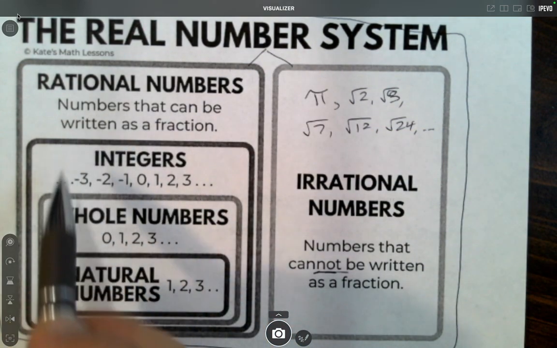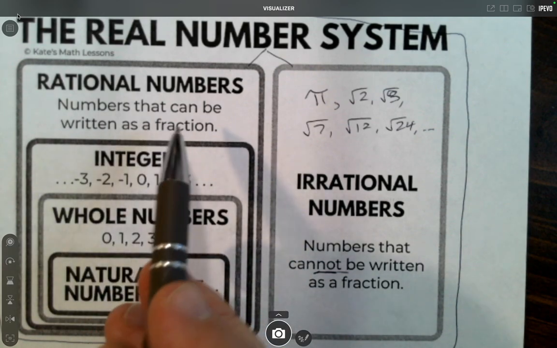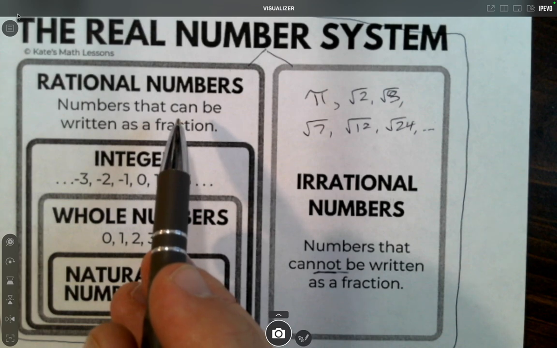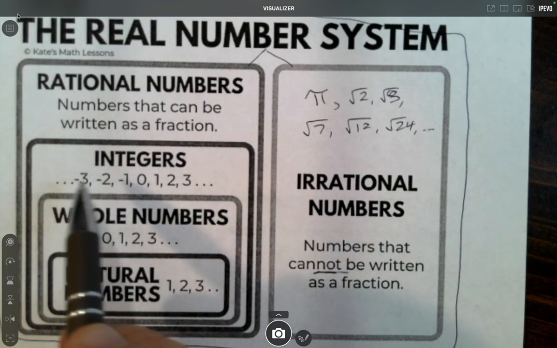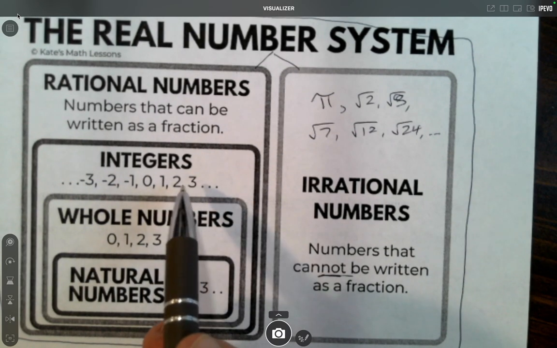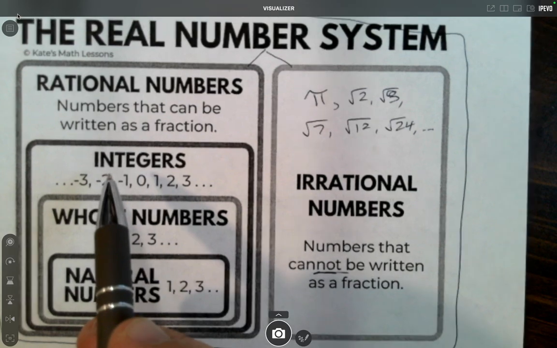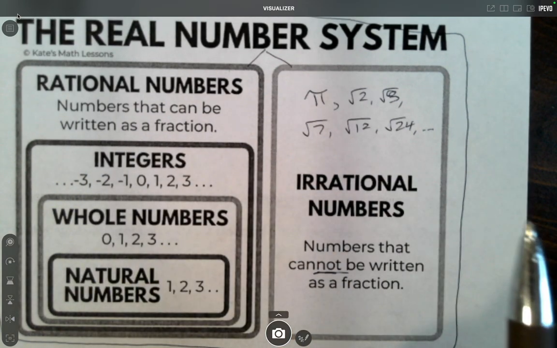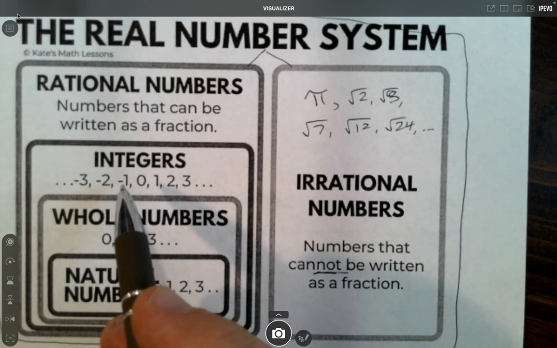Now, inside the rational numbers, there's three more groups. So they put these blocks here to help you understand that inside the rational numbers, there are integers. So integers are any whole number that's positive or negative or 0. So that includes, often when we say whole numbers, mathematically that doesn't include negative numbers, but we mean it to.